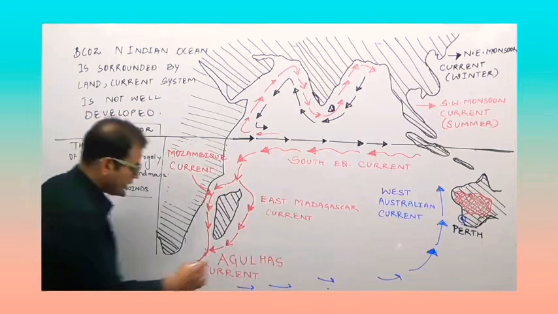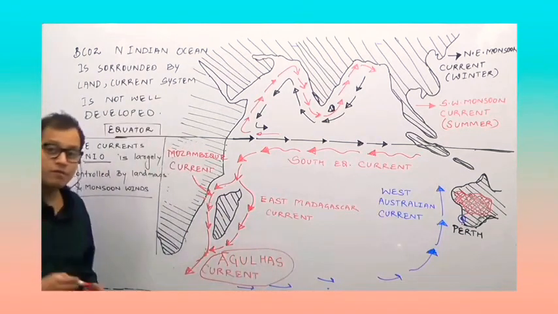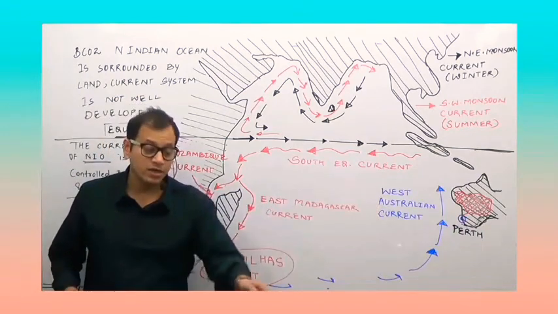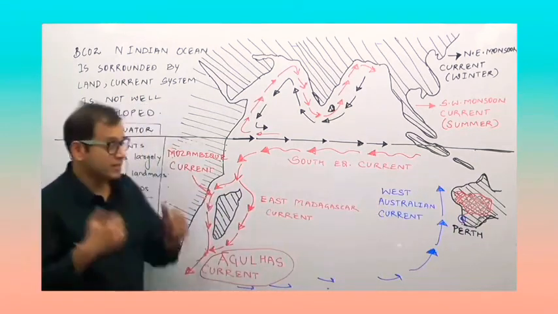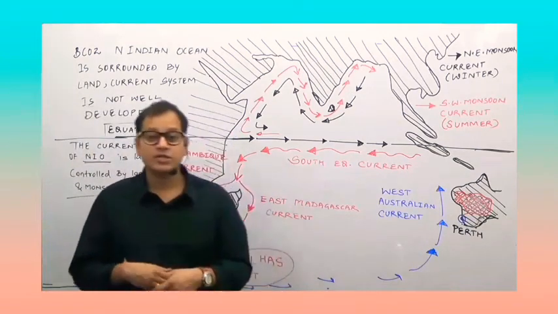Both of these join together to form the Agulhas current, which is at the southern tip of eastern Africa. The West Australian current is a cold current which goes to the West Australian region. This West Australian current is associated with the Great Australian Desert.